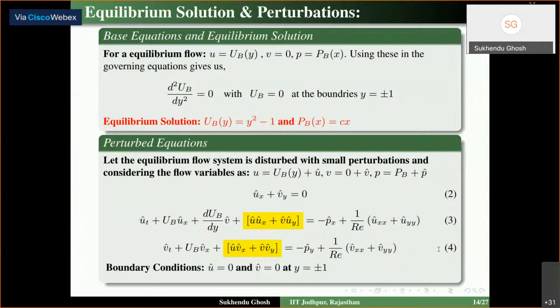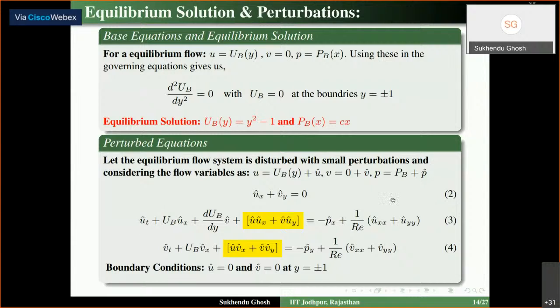So these come after substituting our new variables, which are the combination of the equilibrium solution plus the correction part. Then, using the equilibrium solution and after simplifying, we get equations 2, 3 and 4, which come from the Navier-Stokes equation. But notice the yellow marked terms. Why have I marked them yellow?